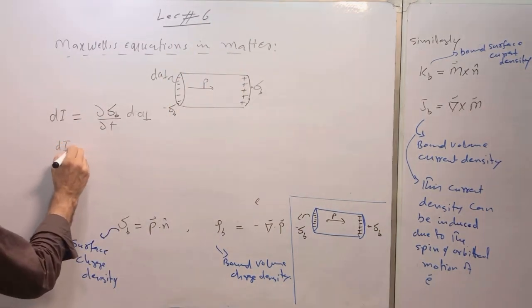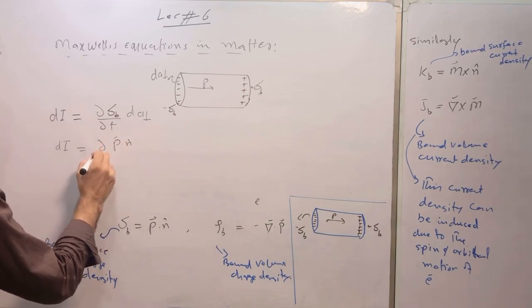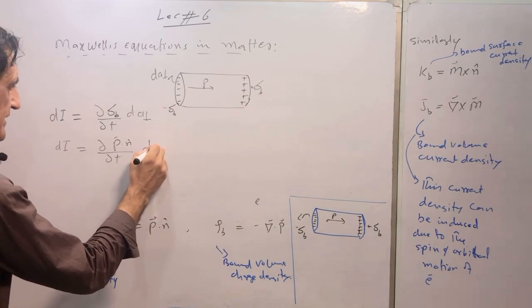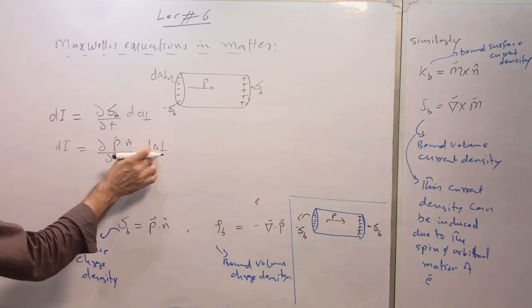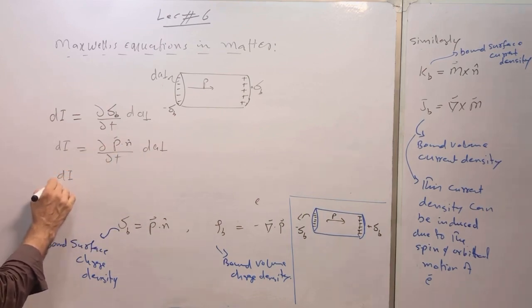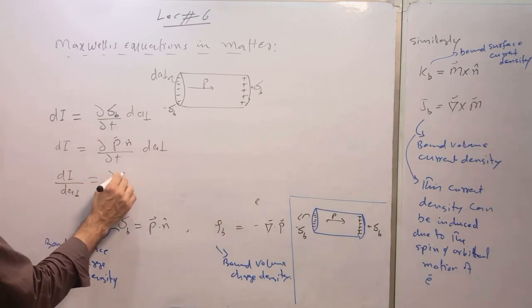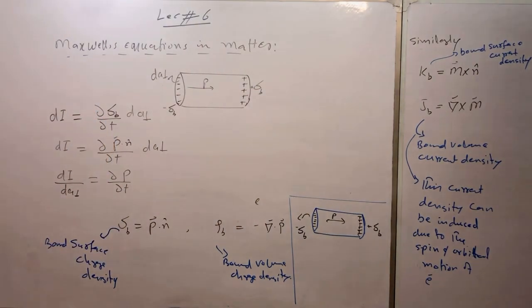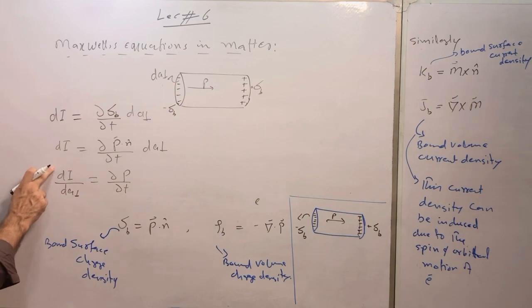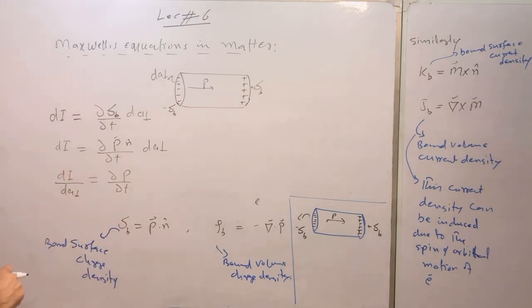Then dI will be equal to P dot n divided by t times dA perpendicular. Further, dI divided by dA perpendicular is equal to partial P over partial t if we remove the dot product. What does it mean? Current per unit area is equal to the change in polarization.